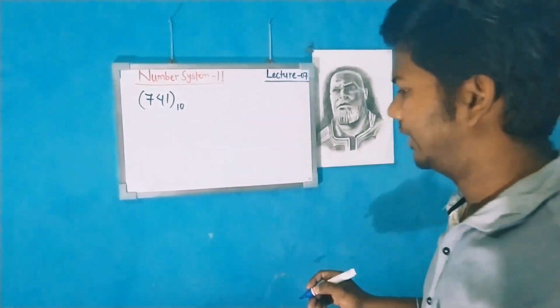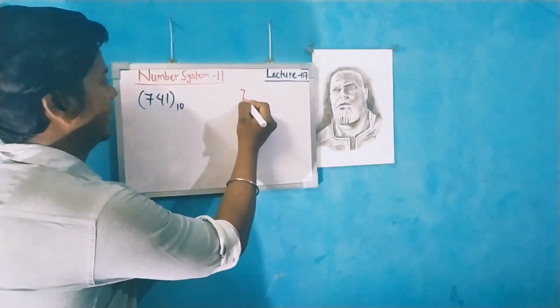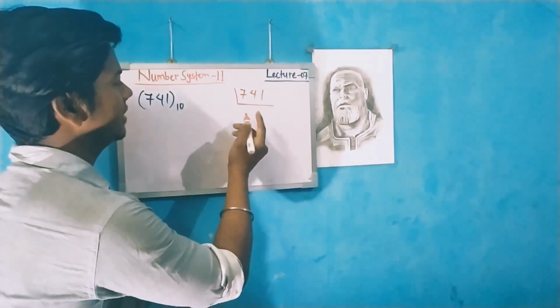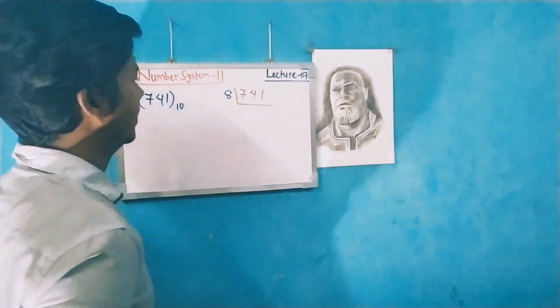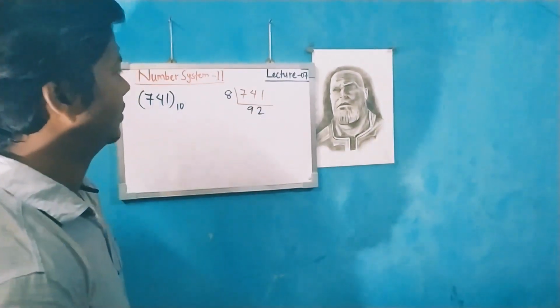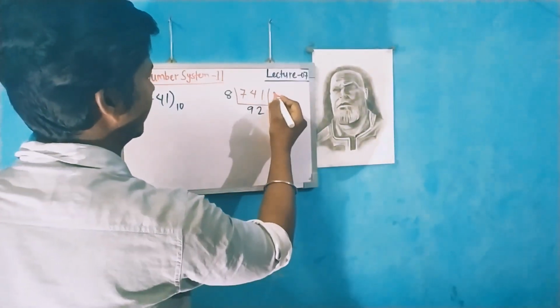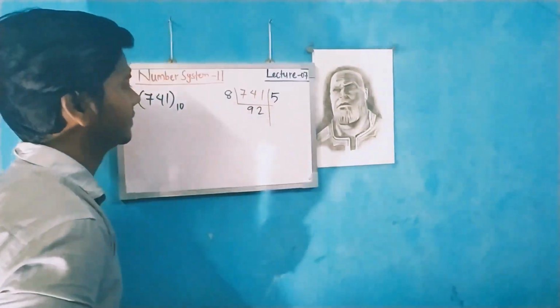Okay, so what do we do? We divide it. 741, divide this 741 by 8. That gives you 92 and the remainder is 5.